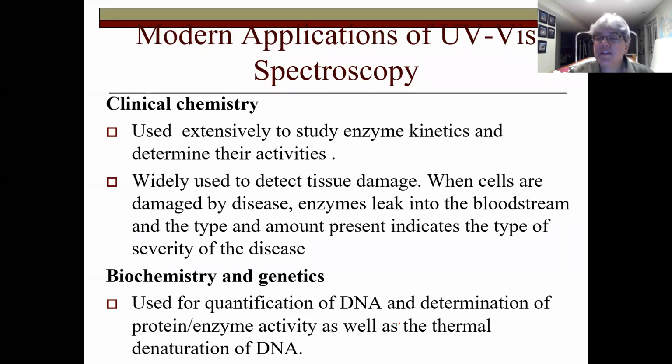It's also used in a wide variety of fields. Now, you don't need to memorize these things, and I'm not going to read them to you. What I want you to see is that this method is used in a lot of different areas for a lot of different types of quantitative analysis. So it's used in clinical chemistry, okay? It's used in biochemistry.